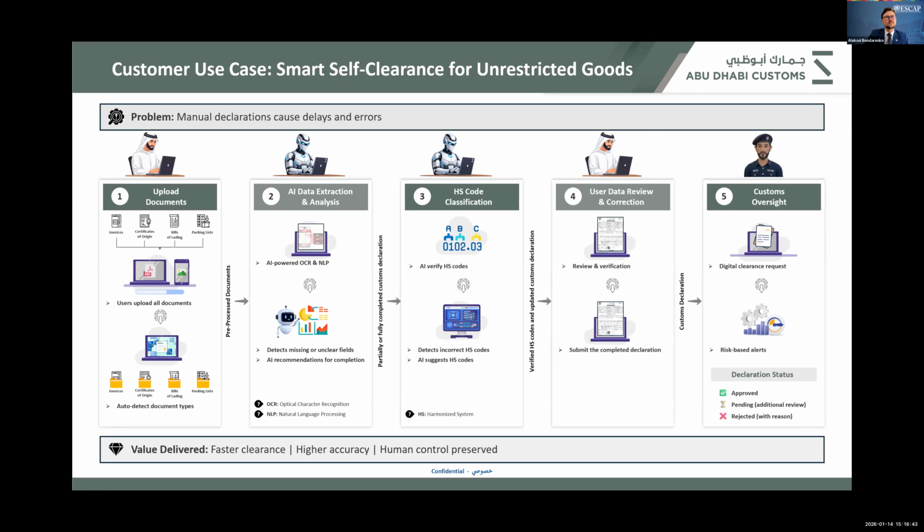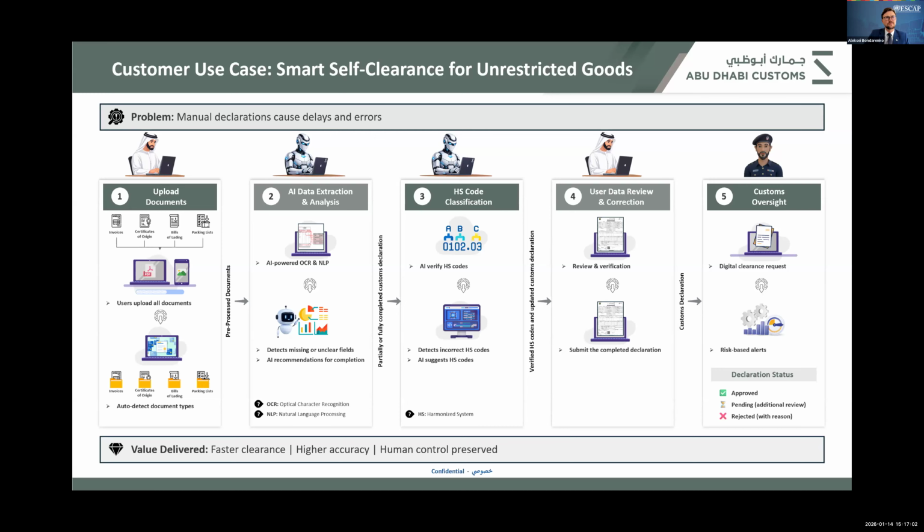However, with some invoices, and we targeted self-clearance for people who are not experts in the clearance process, they may put a wrong HS code.